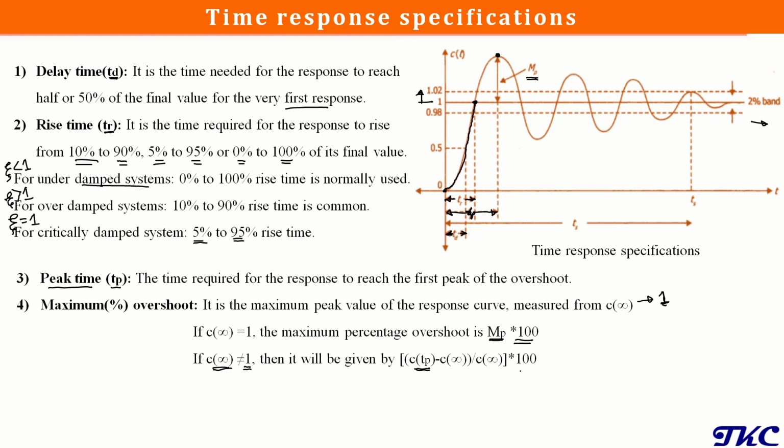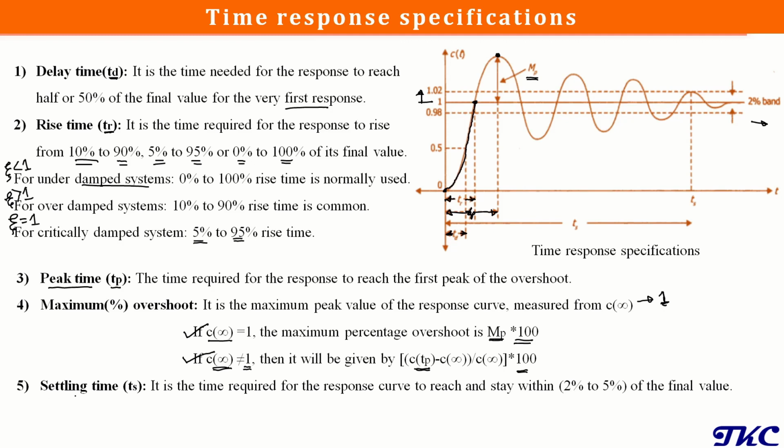We will use this formula to get the maximum percentage overshoot. So the first formula is used when the output is equal to the expected output, and the second is used when the output is not equal to the expected output but is within a certain limit.